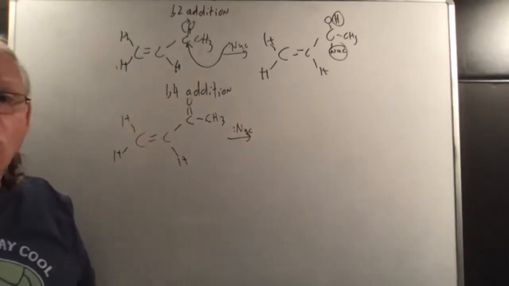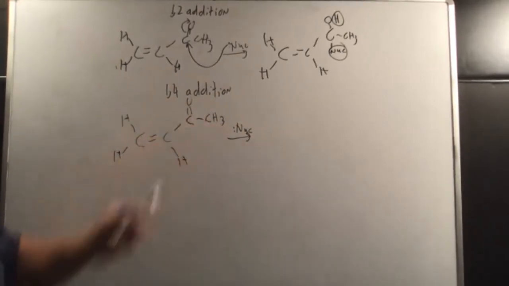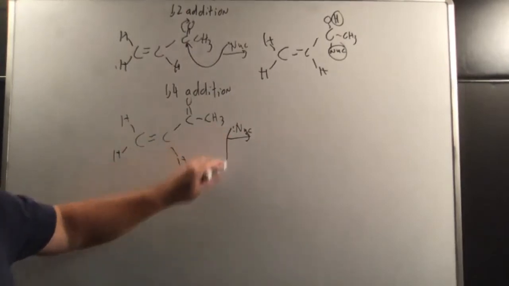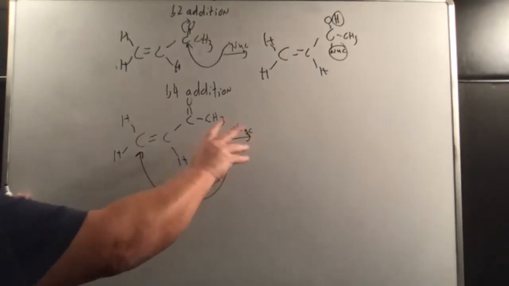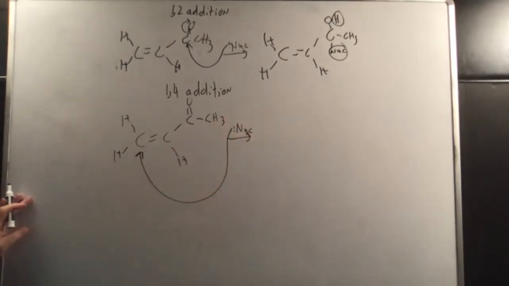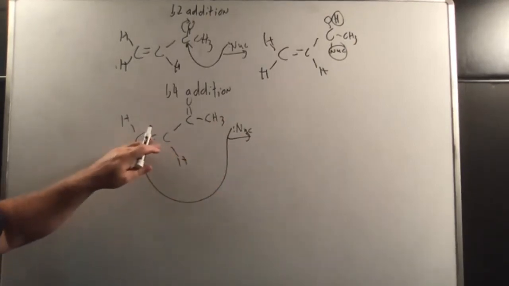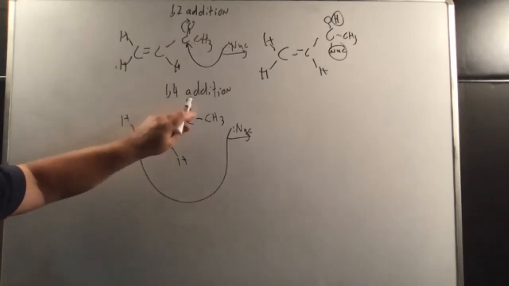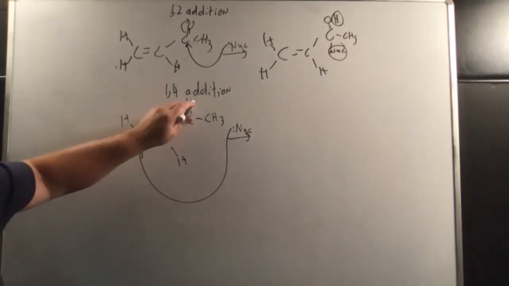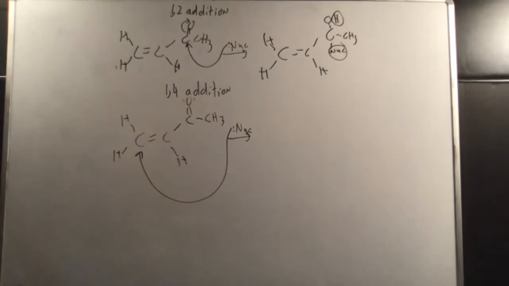In the 1,4 addition, instead of the nucleophile attacking here, the nucleophile attacks this carbon. Now, you would say, but the nucleophile shouldn't attack that carbon, because notice this carbon is not charged. But can't we draw a resonance structure? Now, watch when I draw this resonance structure.